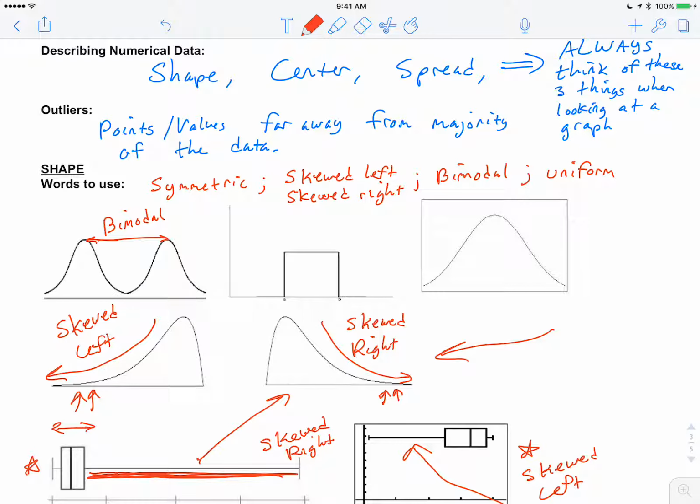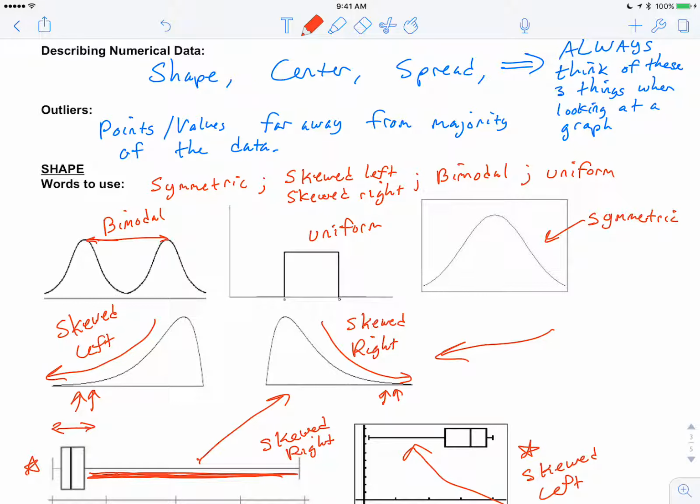Uniform. A uniform graph looks like this. The horizontal line represents all the different data values that appear the same amount of times, and it creates that rectangular shape in the graph. This one here is going to be your symmetric.